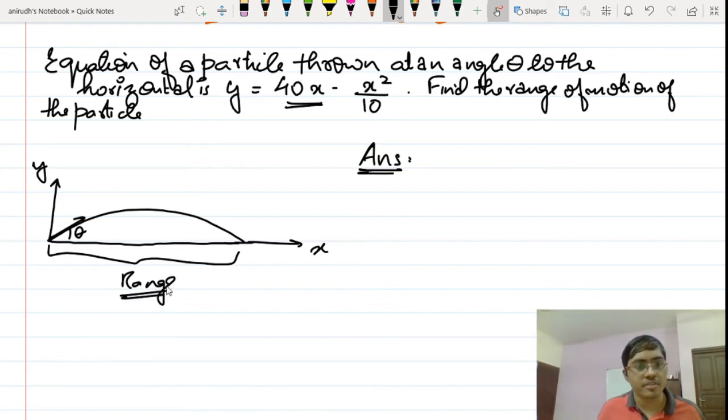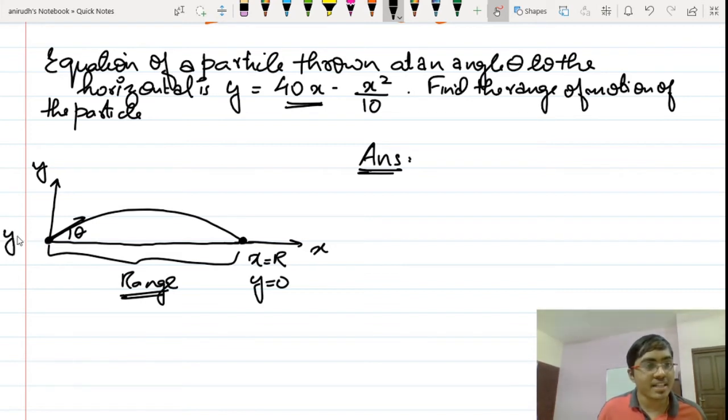And now the way to proceed with this is that, see, what happens at the range here? At this particular range, when the particle reaches the x-axis over here, the x coordinate is equal to R, but the y coordinate is equal to 0. Now, what about this particular point?